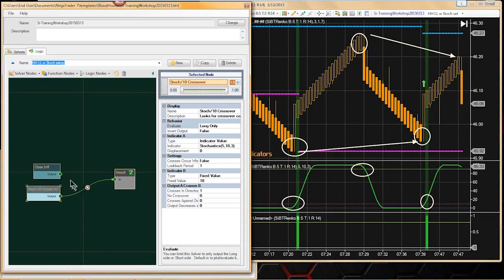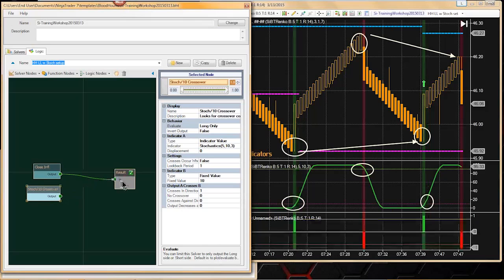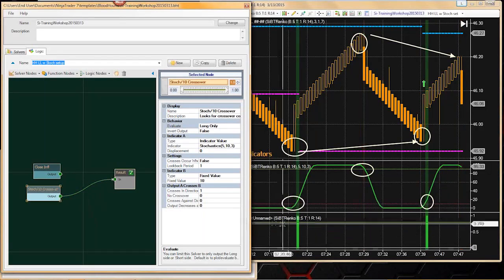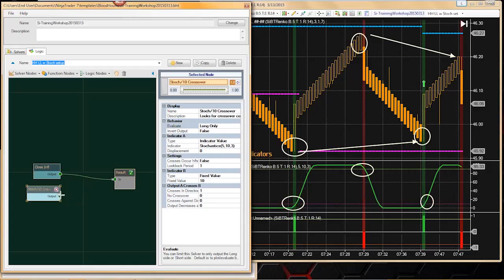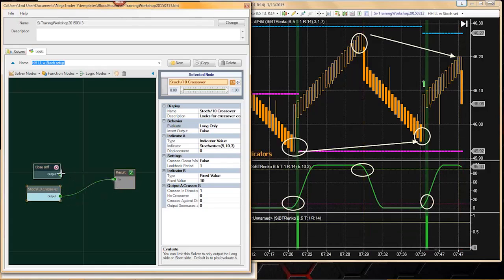All right, so now the next key is to make sure that this inflection and the cross up happen at the same time. And if we look at these, we can see that they're off by 1. You can see that the bars are off by 1.